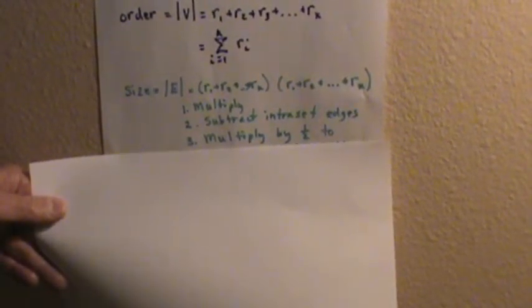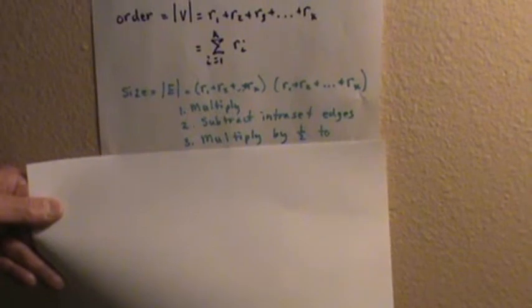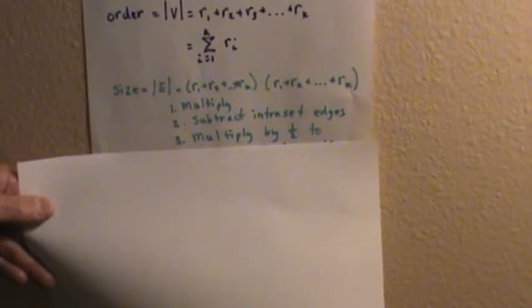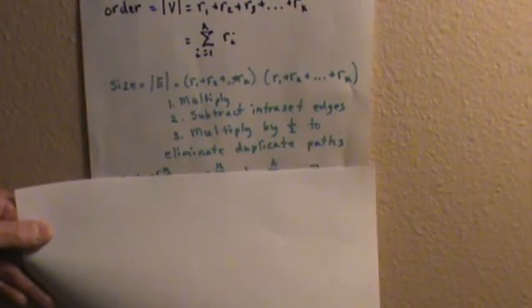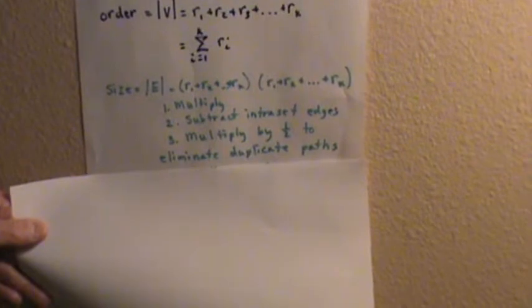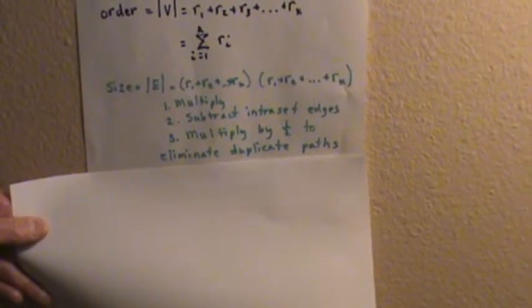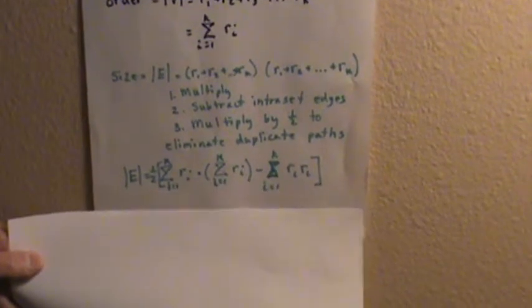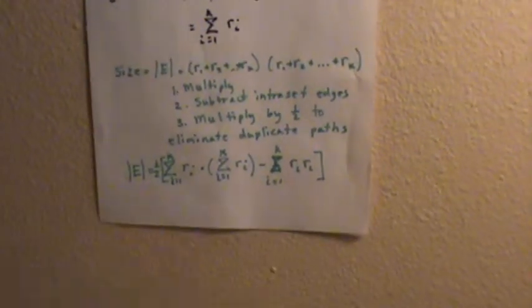In other words, we don't want to go from one set to the other and back again. We don't want to count that path twice. So, to eliminate the duplicating paths, we would multiply by 1/2 or divide by 2, whichever is your preference. And so we show it in our summation.